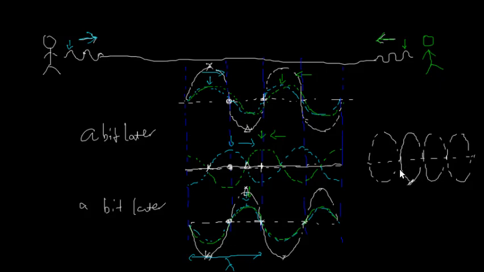Those points which are always at rest are called nodes, and those points which have the biggest amplitude are called antinodes. In between the antinodes and nodes, there are other points like this one, which also go up and down, but not as much as at the antinode.